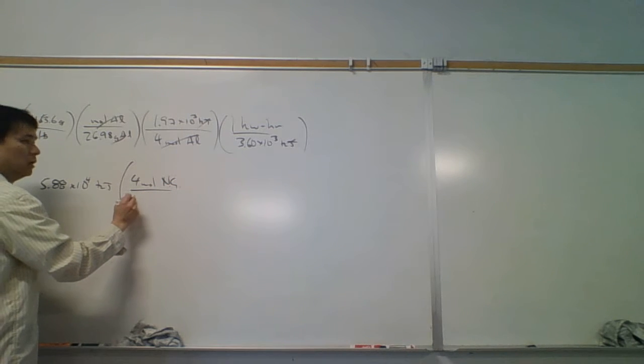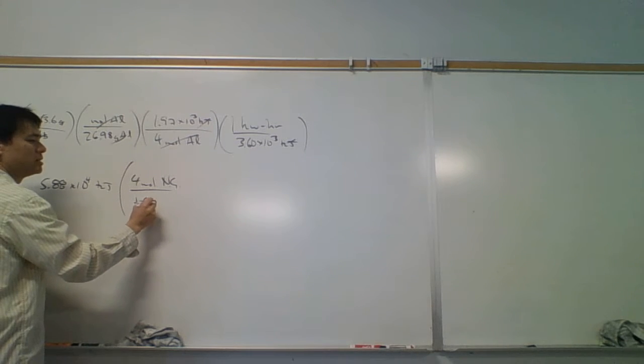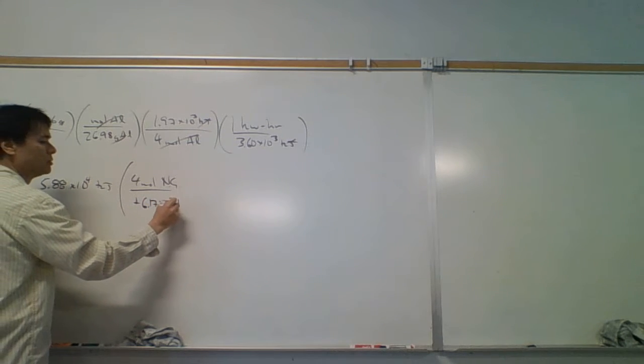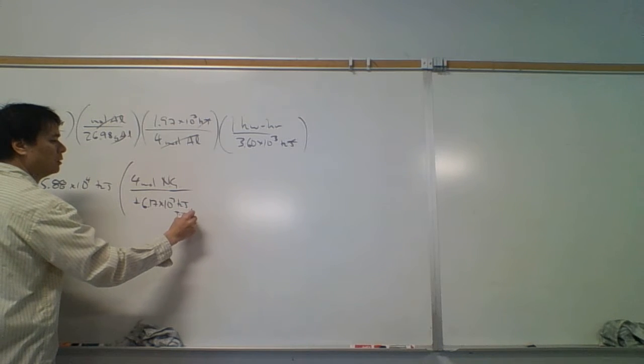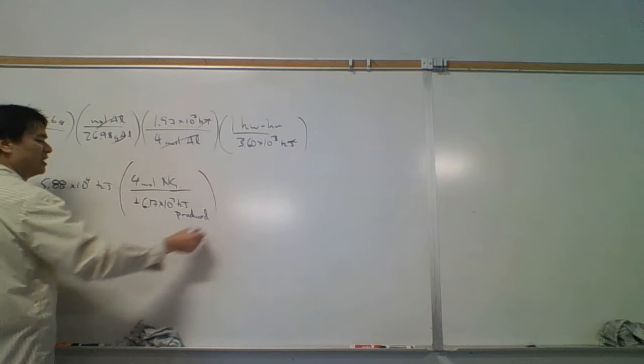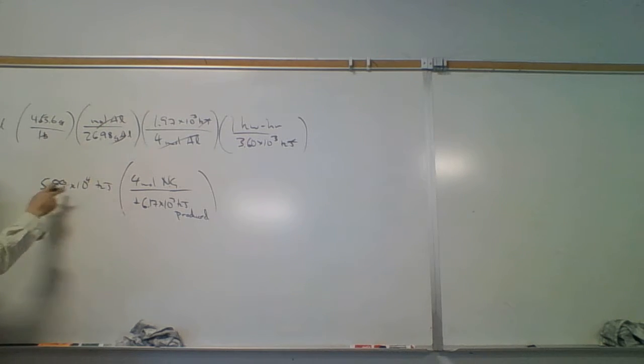Nitroglycerin is going to give us plus 6.17 times 10 to the 3rd kilojoules of energy released or produced. So I can get rid of the negative sign and just write produced here. That tells me the direction it's going. It's going to be produced rather than consumed. This is the amount we need produced here.